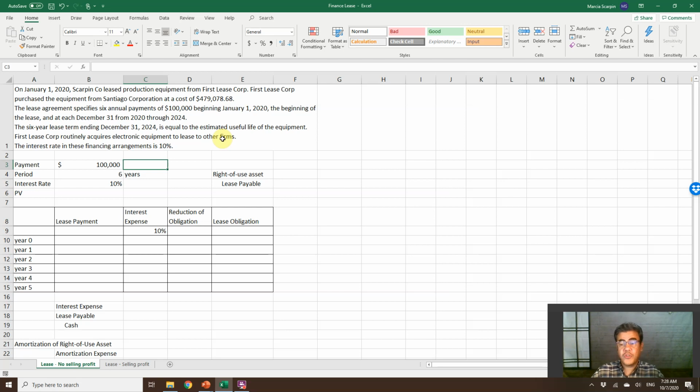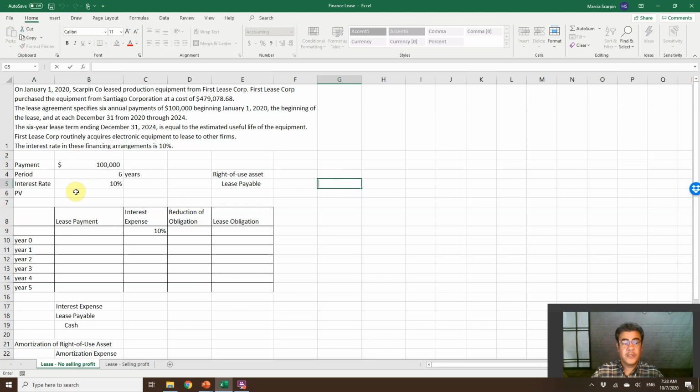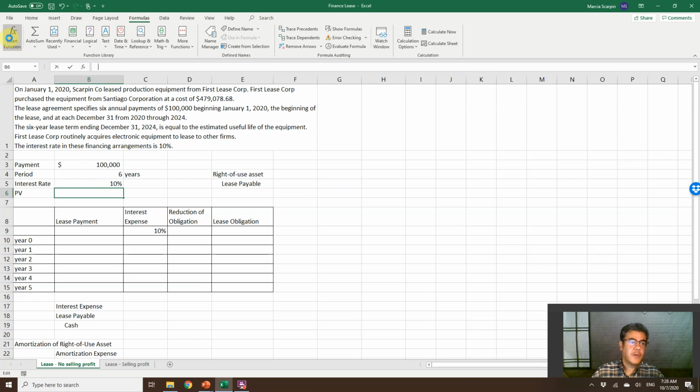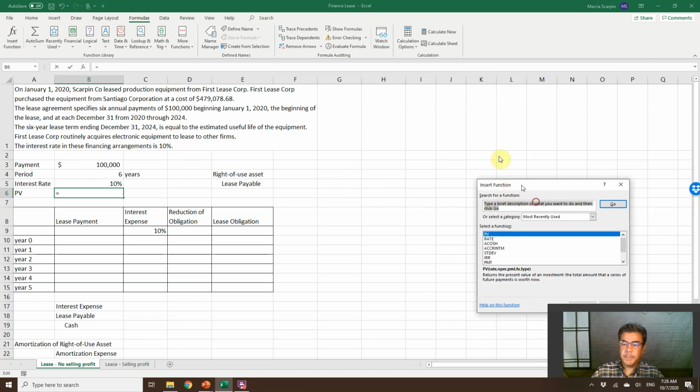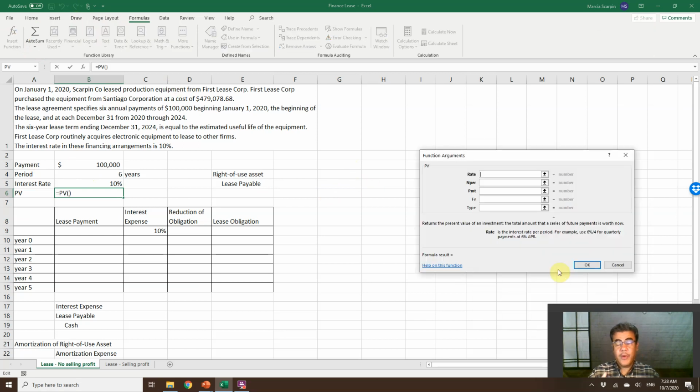So what do we need to do first? To find the present value of these payments. The lease payable will not be $600,000. How do we do this present value? Function, present value. By the way, if you have questions about present value, we have a video about that, and the video is in our video description, as well as a video about the lease classification according to the US GAAP.